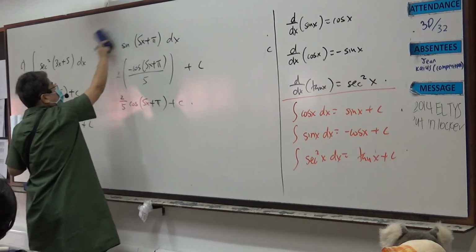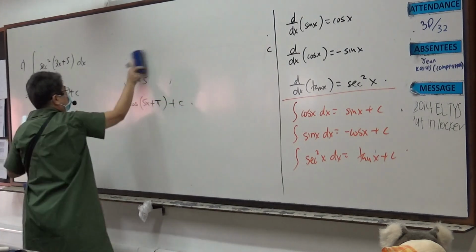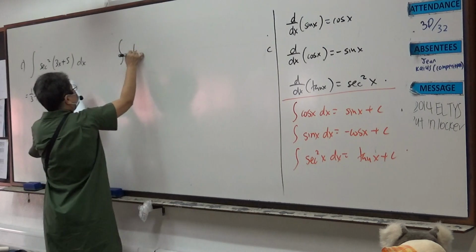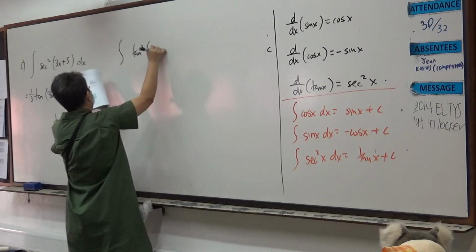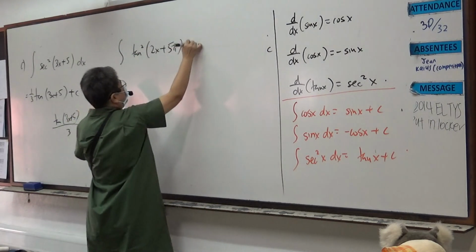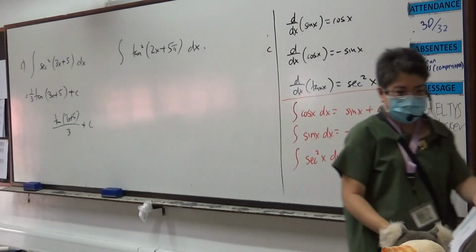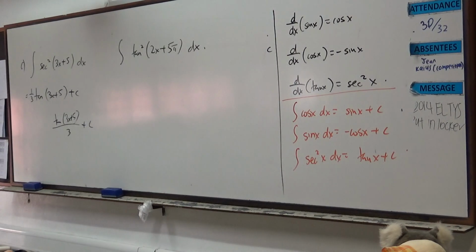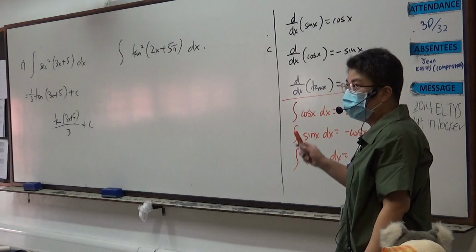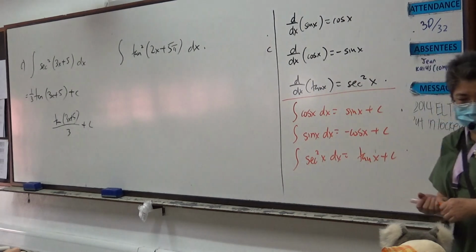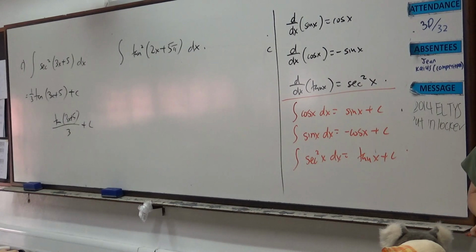Next, last example. Class, let me just tell you this. There's no way you can integrate tangent, understand? You can only integrate secant. But there is a formula. A formula of what?